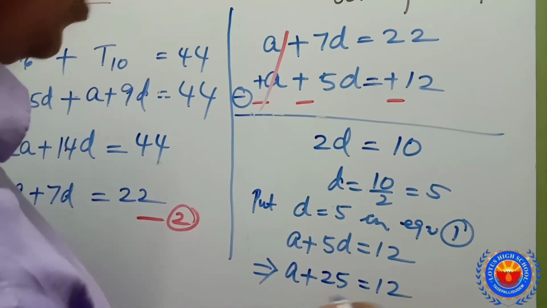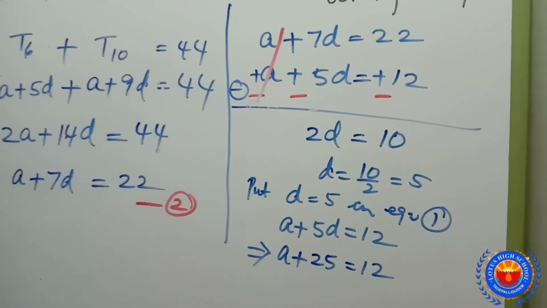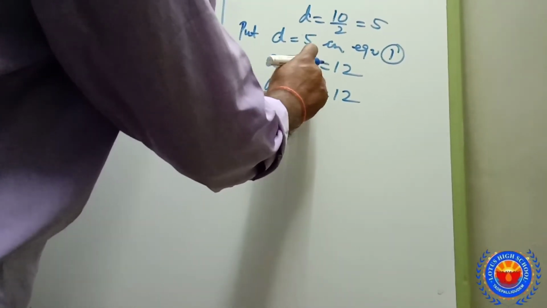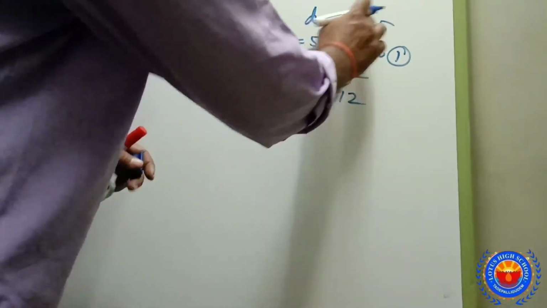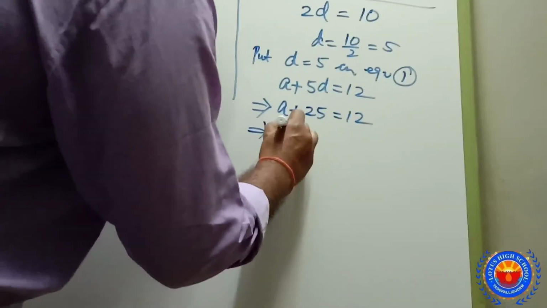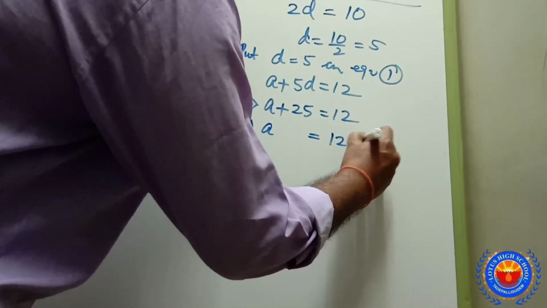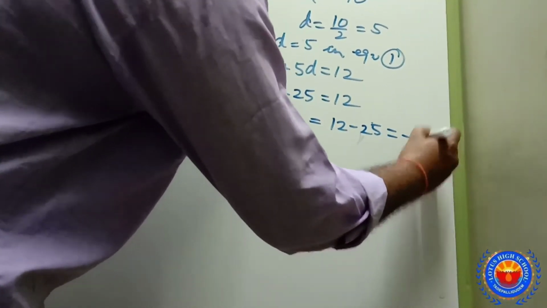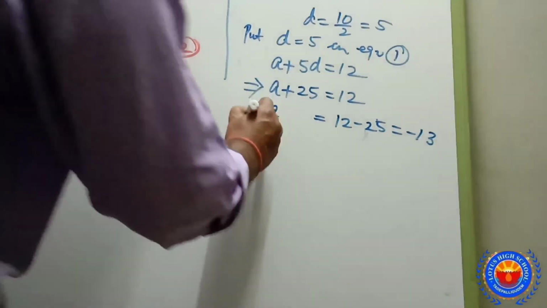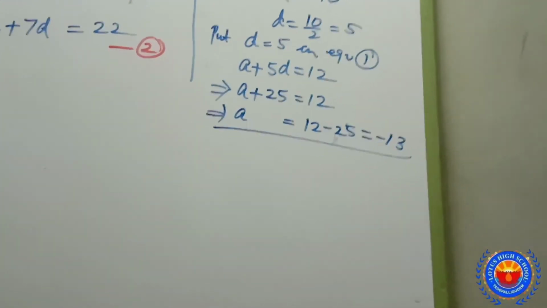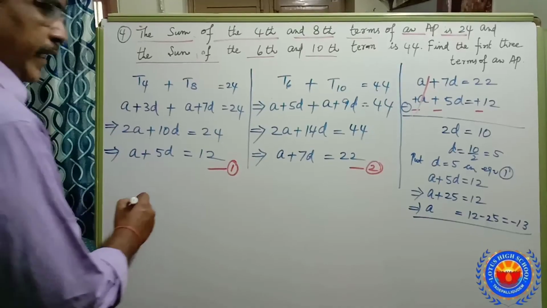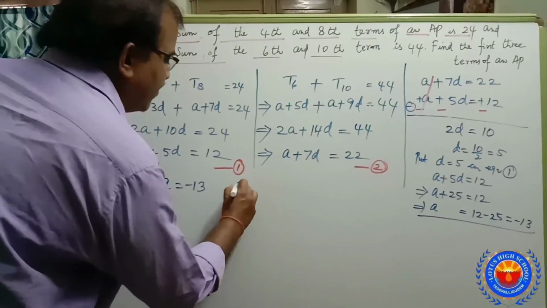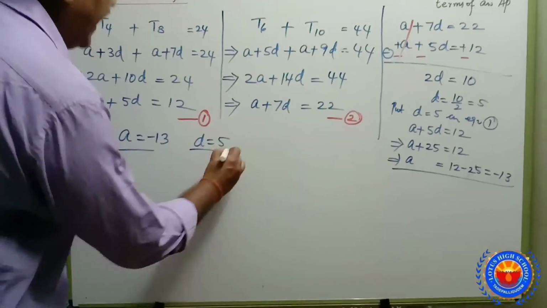So A plus 25 is equal to 12. A is equal to 12 minus 25, which is minus 13. I got A is equal to minus 13 and D is equal to 5.